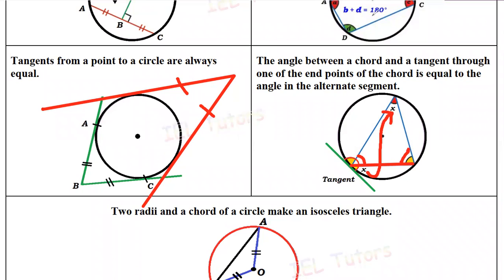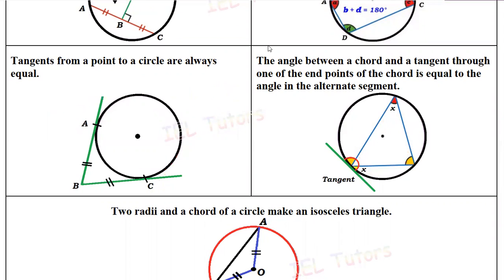Or if I think of this line here, and say this angle here is y, the two angles formed here and here are not equal to y, but the alternate one, the other one, this one here will be equal to y. This is what this circle theorem says.